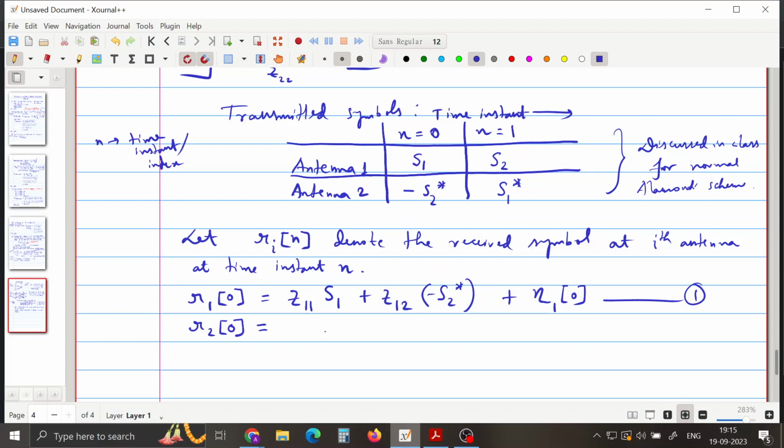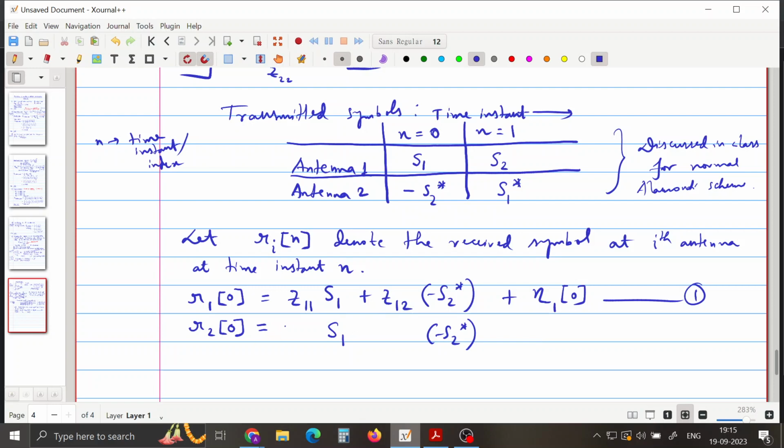You are transmitting the same thing, S1 and minus S2 conjugate, at n equals 0. That is fixed.